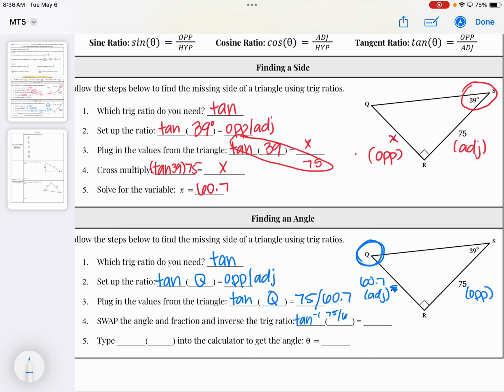The inverse tangent of 75 over 60.7 is going to equal angle Q. We're going to type that into the calculator. Let me show you how to do that.